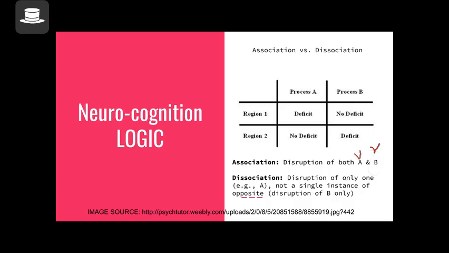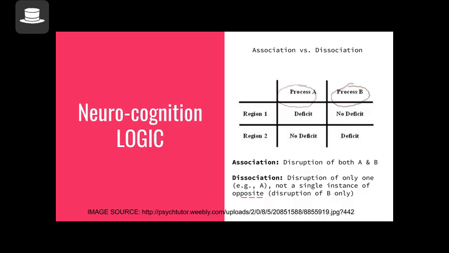In other words, these two mental processes are closely associated. Maybe they are sharing the same region in the brain, or they are inseparably dependent on each other. So association is when you only get instances of patients with disruption to both mental processes.